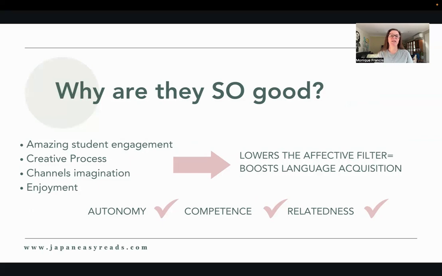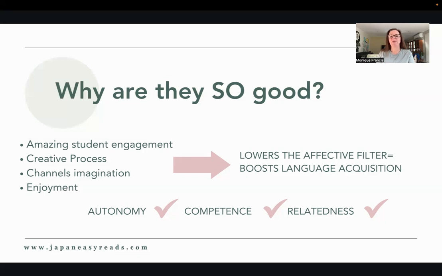As I said, the student engagement is really, really high. There's that creative process, so all the ideas are original, and it really ignites and channels their imagination and heaps of enjoyment. All of those factors help to lower the affective filter.